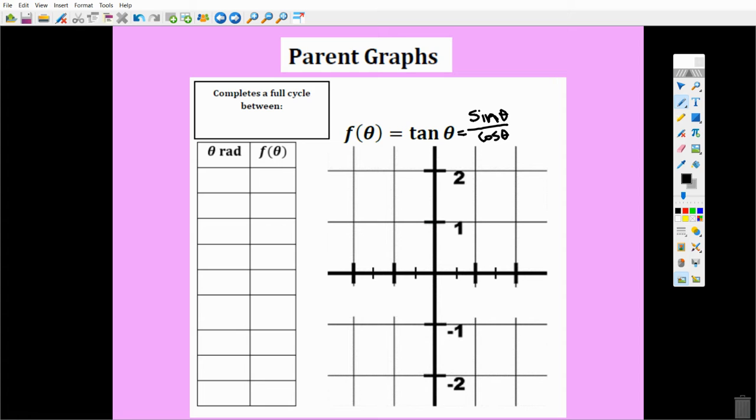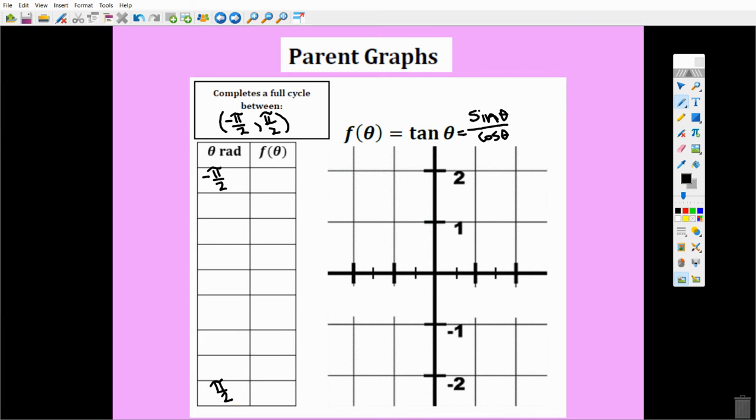So we're going to be doing some division in our calculator in order to fill out this part right here. Let's start off by talking about when tangent completes its cycle. We said it completes its cycle between negative pi over 2 and pi over 2. So this first value, we're going to use negative pi over 2, and at the end, we're going to use pi over 2.